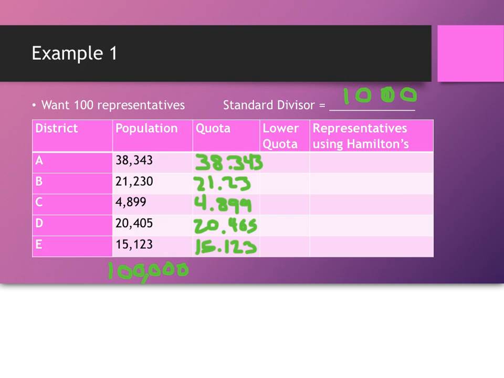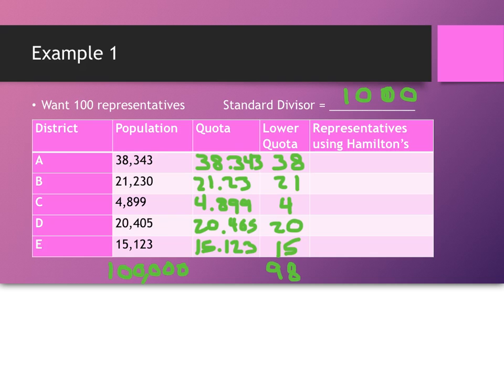Those are the quotas we had. Our lower quotas, obviously, are 38, 21, 4, 20, 15. Now, if you add those things up, 15 plus 20 plus 4 plus 21 plus 38, we have a total of 98 representatives that are going to be allotted.